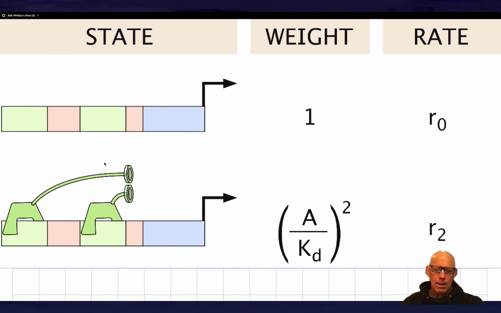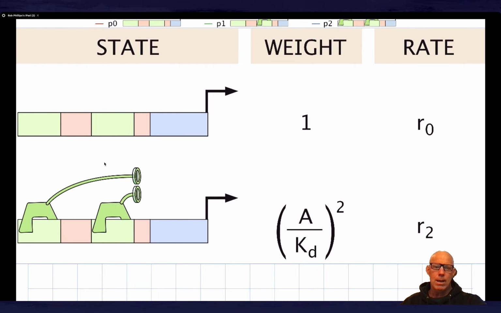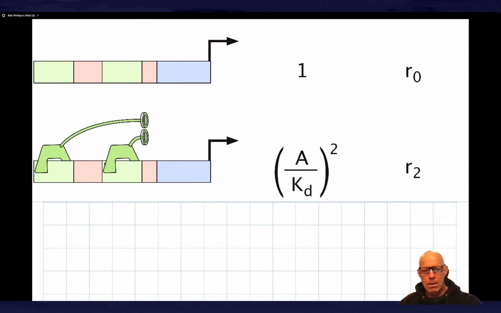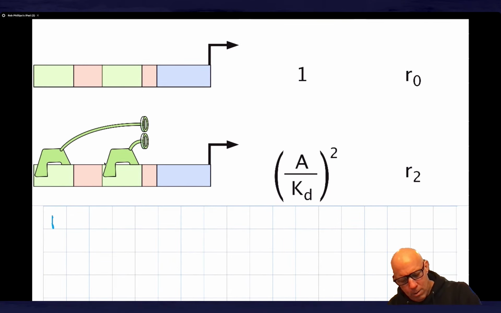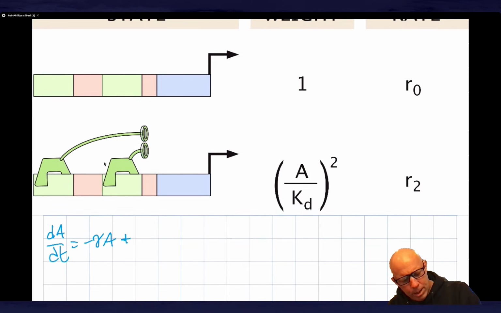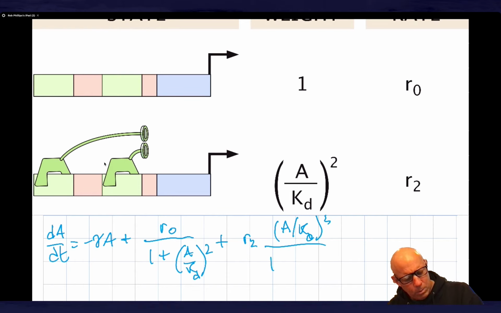If I do that, then I'm going to replace the original states and weights by this modified, trimmed down, coarse-grained, simplified, abstracted, whatever you want to call it, version in which now I can write my differential equation in the form dA/dt is minus gamma A, plus R0 over (1 plus A over KD) quantity squared, plus R2 times (A over KD) squared over (1 plus (A over KD) squared).